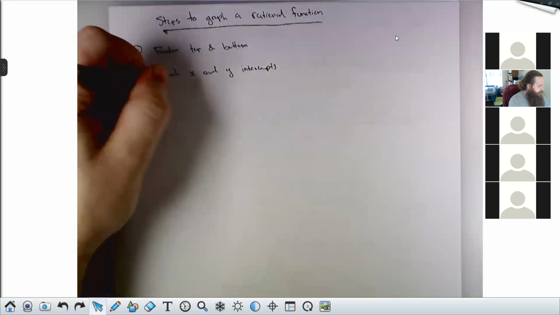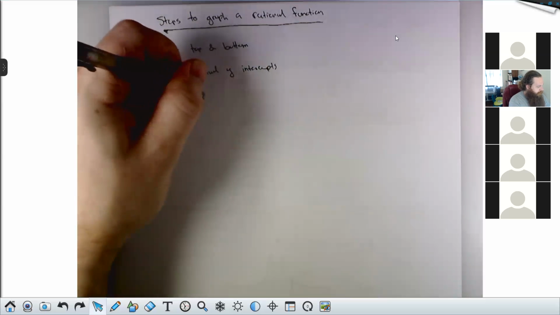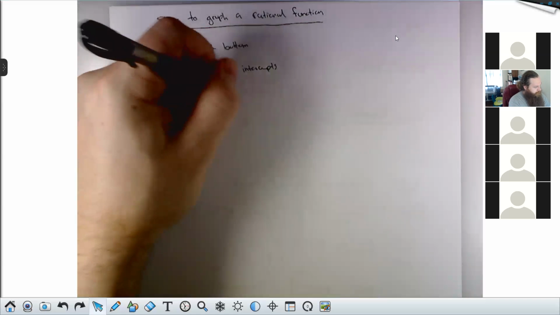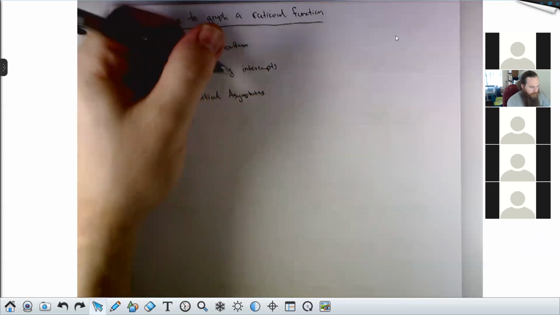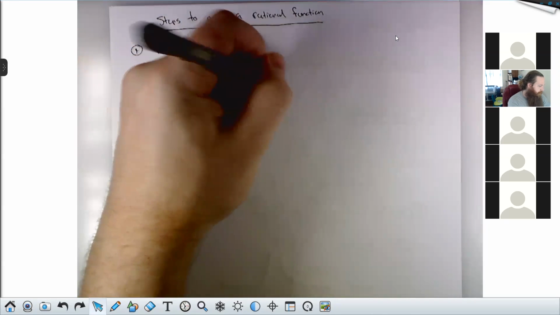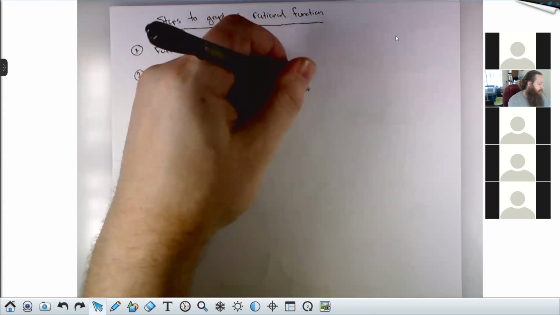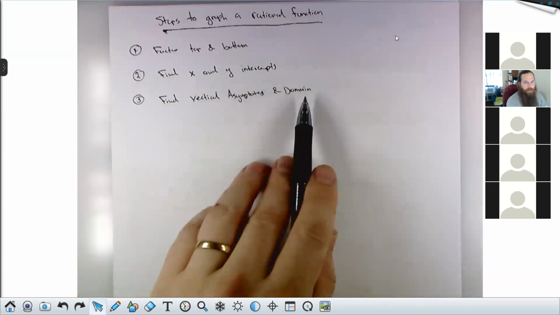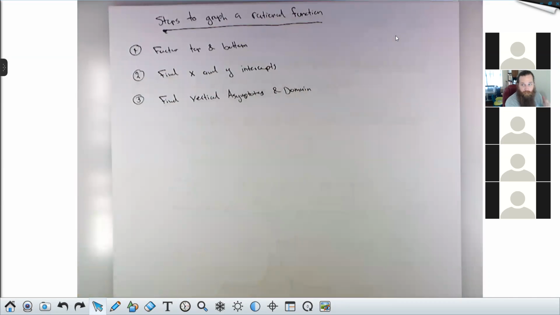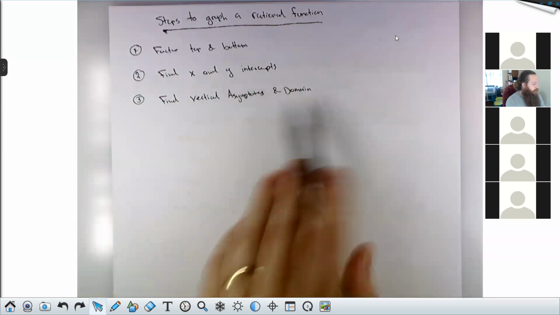Third, find vertical asymptotes. And this will also tell you the domain. Because remember, vertical asymptotes come from the bottom being 0, and the domain is always all real numbers except those which make the bottom 0. So when you set the bottom equal to 0, that will tell you your vertical asymptotes and your domain.